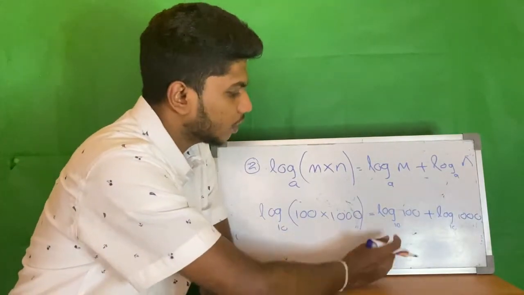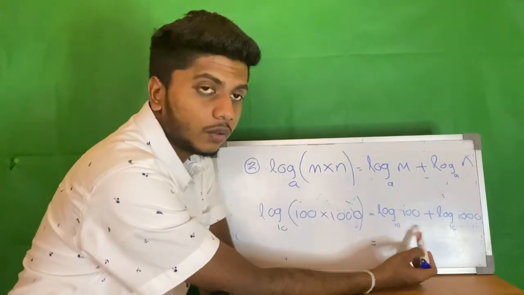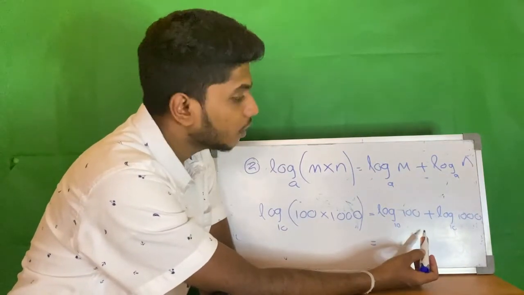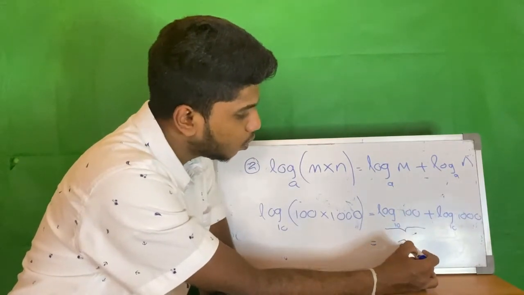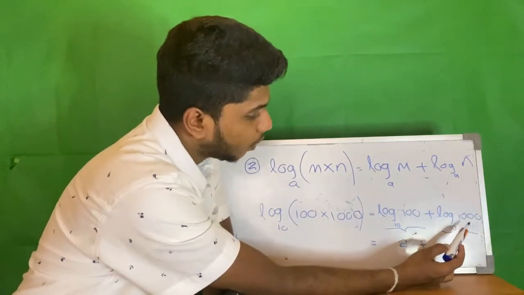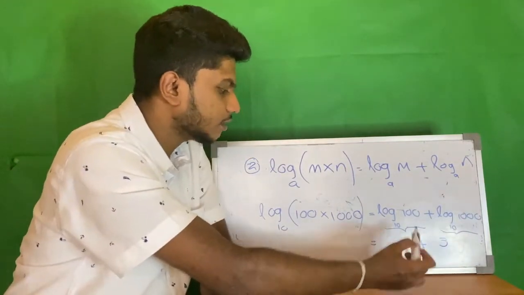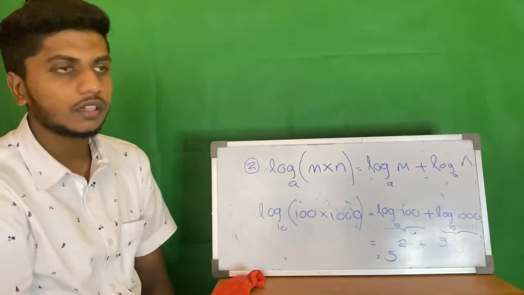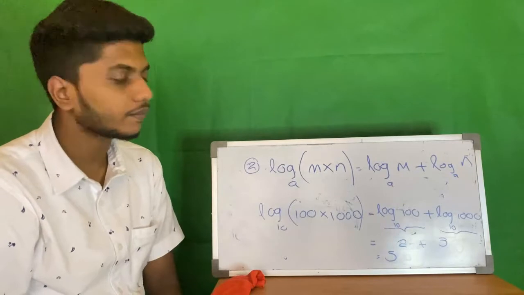As you know, log base 10 of 100. How can you write 100 as a power, an index, of 10? So 100 is 10 to the power 2. So here the answer is 2, and addition is here. And 1000 is 10 to the power 3. So 2 plus 3, the answer is 5. So you can exactly get the log values of a multiplication as log values of an addition.